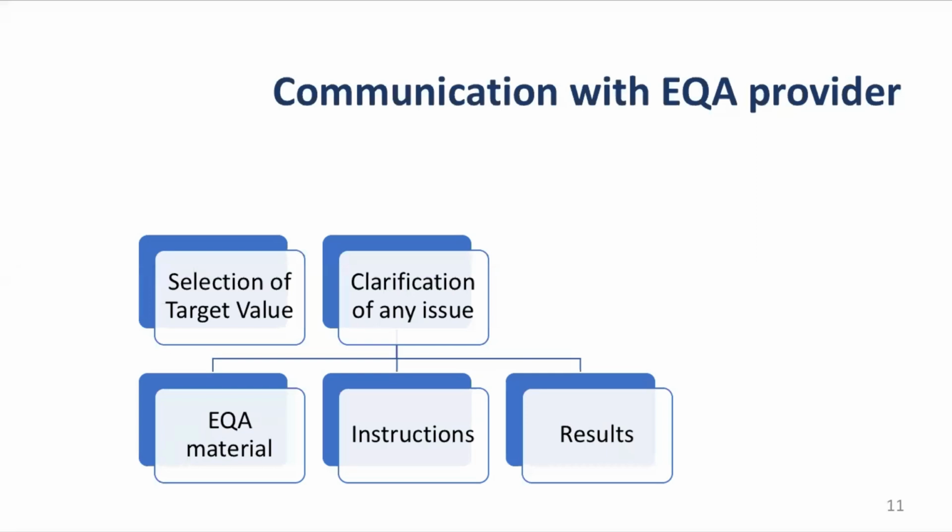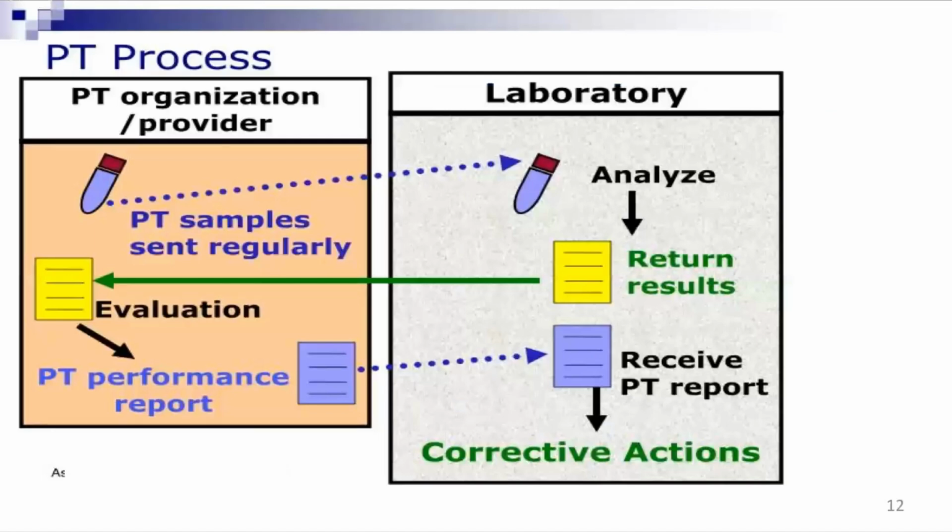EQAS material should mimic patient sample, and they provide instructions to the laboratory on what exactly they are supposed to do with that EQAS material. And when they get the results, these EQAS providers perform some statistical analysis, and after that, results are communicated to the laboratory. The PT provider is sending PT samples. PT means proficiency testing. EQAS or proficiency testing, same thing. They are sending these samples to the laboratory.